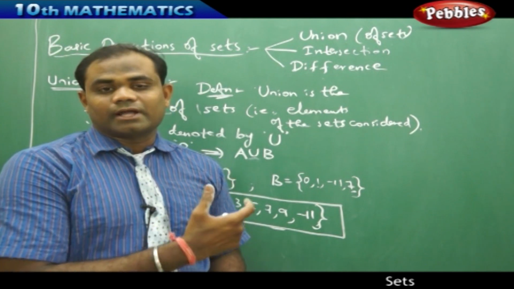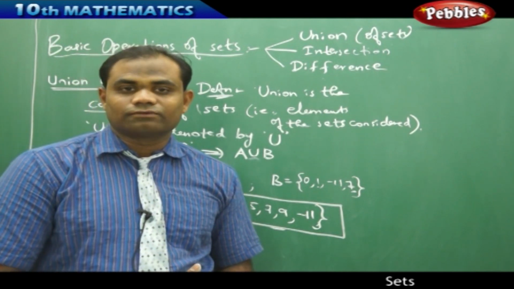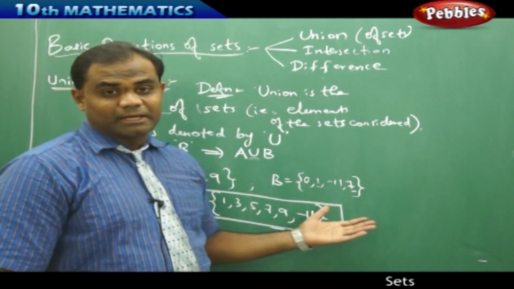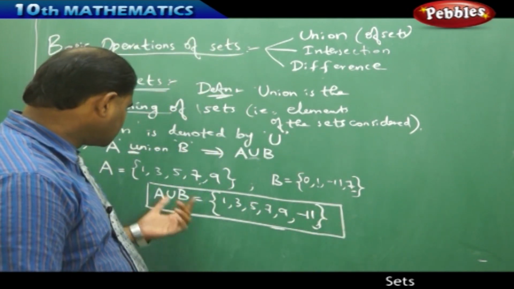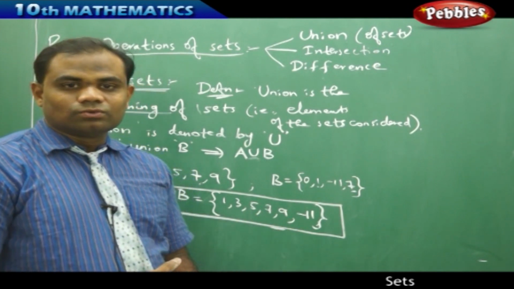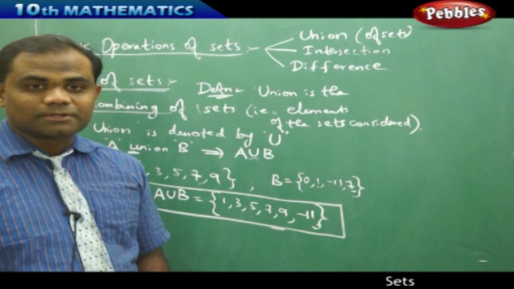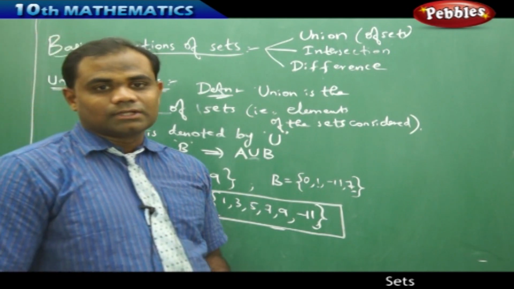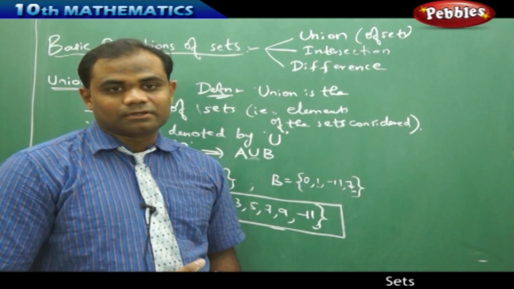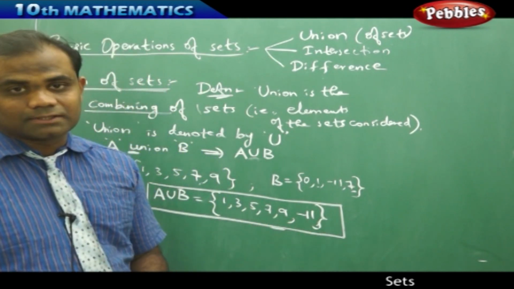So let's see the Venn diagrammatic approach of union of two sets. Now, if I take the same example of the sets A and B, the same example would stand as understanding of the Venn diagrammatic representation for the union of sets.